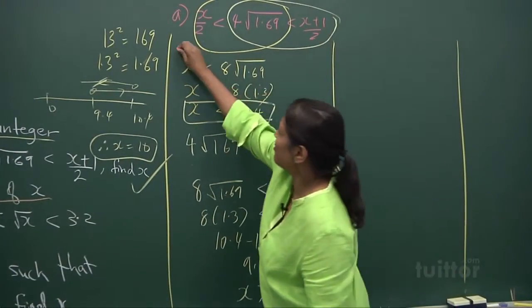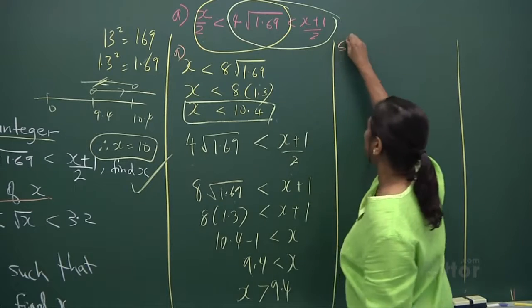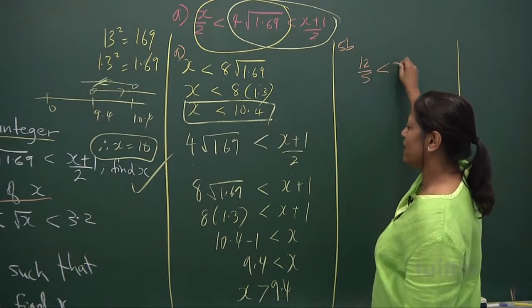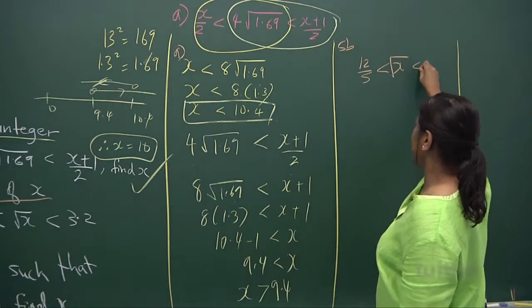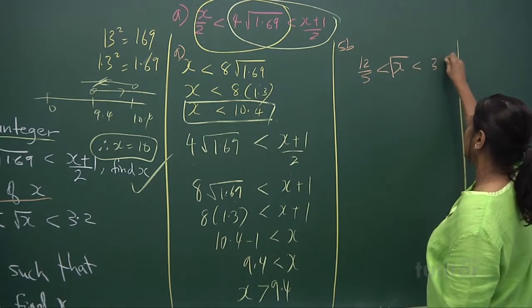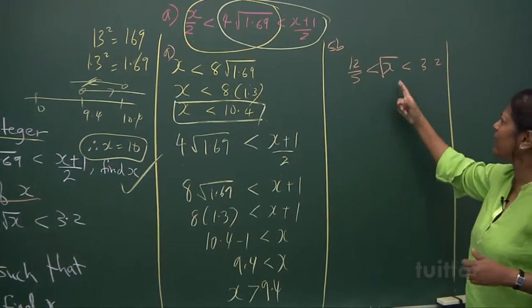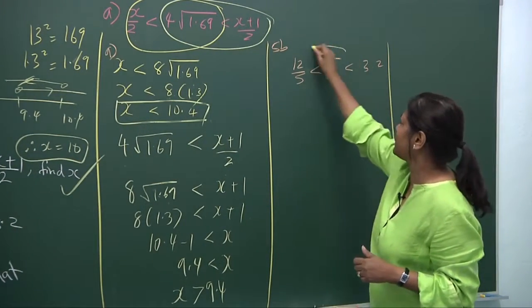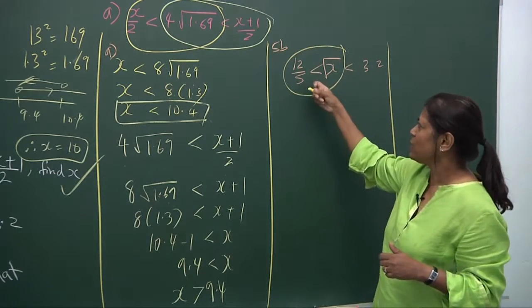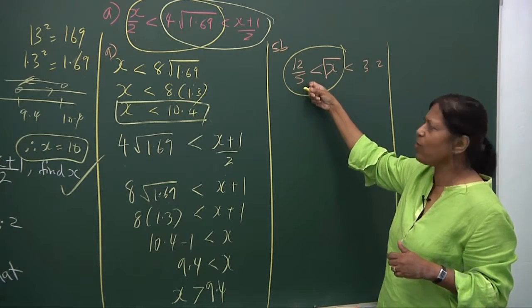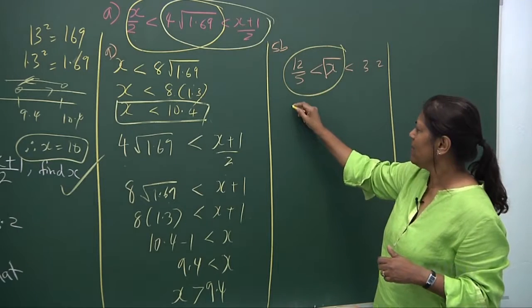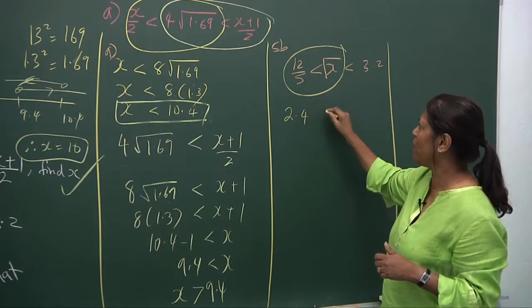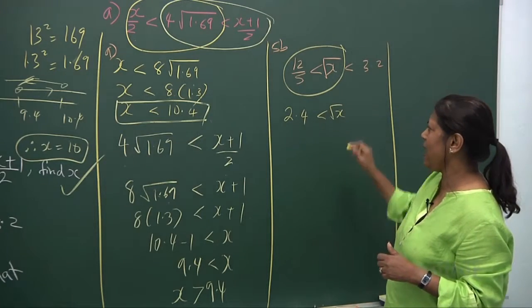If I look at this part, 12 over 5 is 2 and 2/5. 2/5 is 0.4, so 2.4 is smaller than square root x.